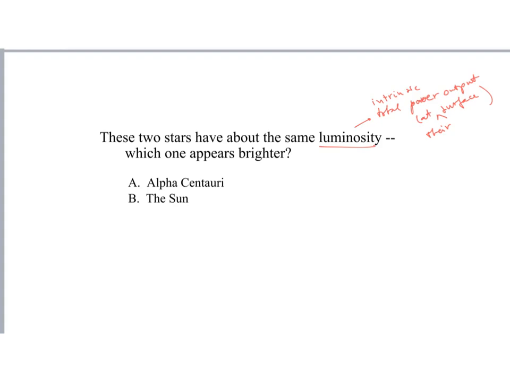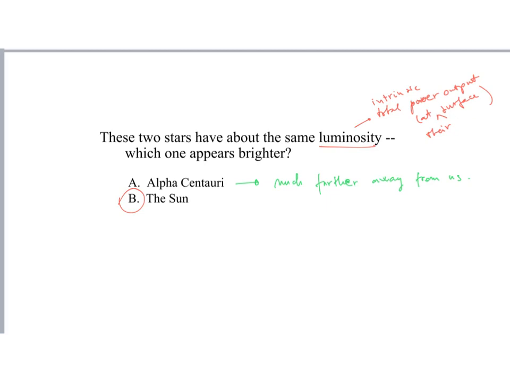Can you tell which one appears brighter to us? It's obviously the Sun, right? Because Alpha Centauri is much further away from us. But intrinsically, they are actually pretty identical, okay?